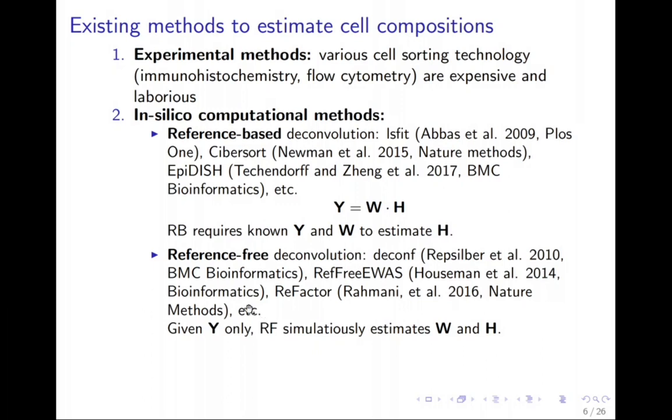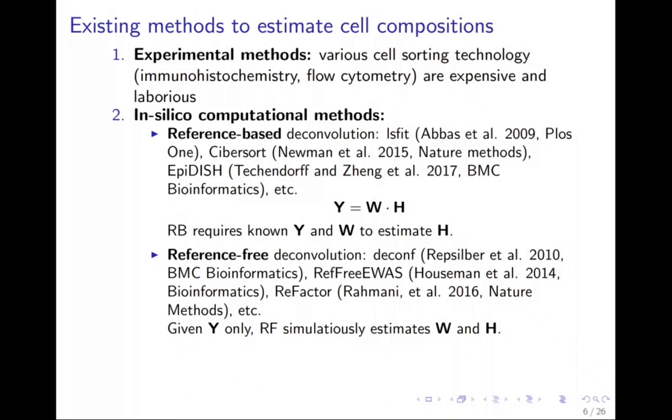The second group is called reference-free deconvolution. We also have one method published last year in this category, but the problem with those methods is that they usually ask for a big sample size, like more than 50 or even more than 100, to get an accurate estimate.